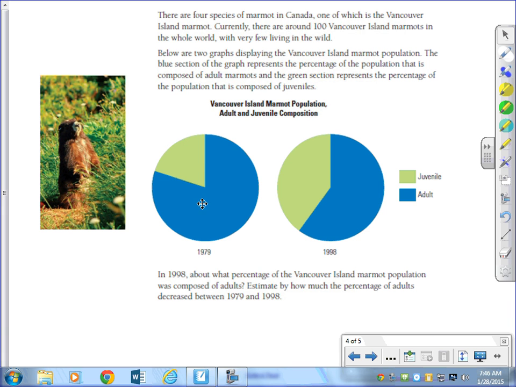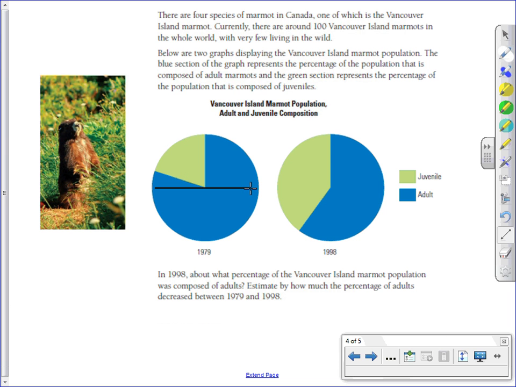And what you could do is figure out, well, what's the measure of these angles? Because those would be a percent of 360 degrees. Or you could also draw a grid on top of that and start estimating. So I know that these lines would meet at 90 degrees. So the blue part is definitely more than 90 plus 90 plus 90, which is 270.